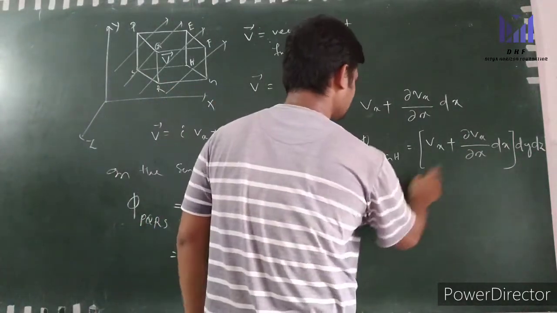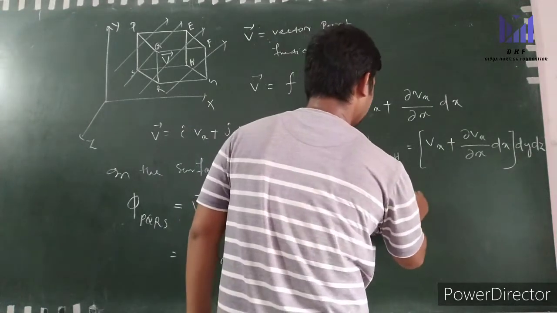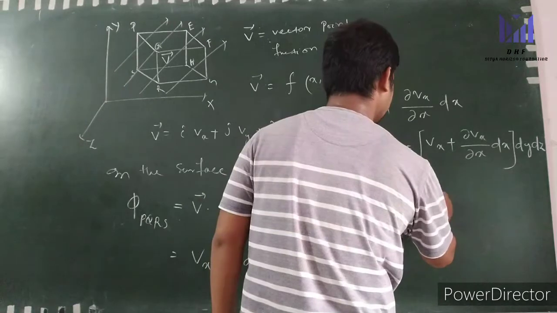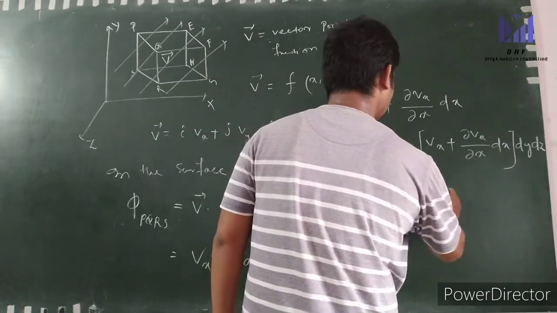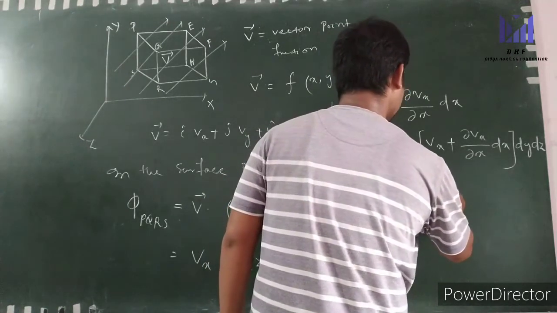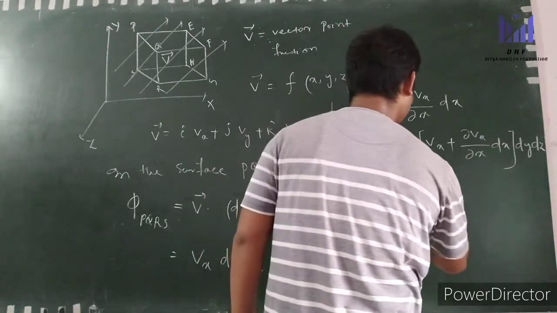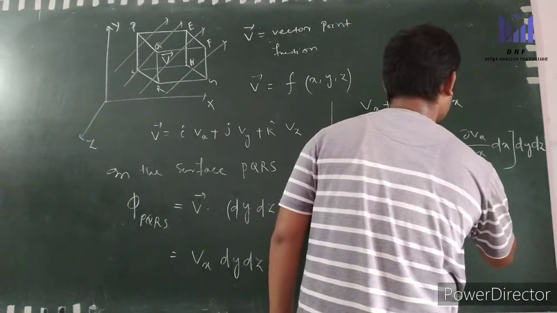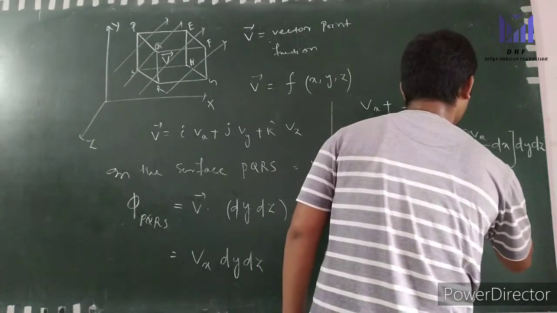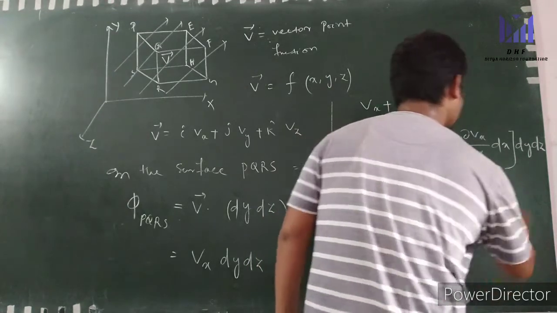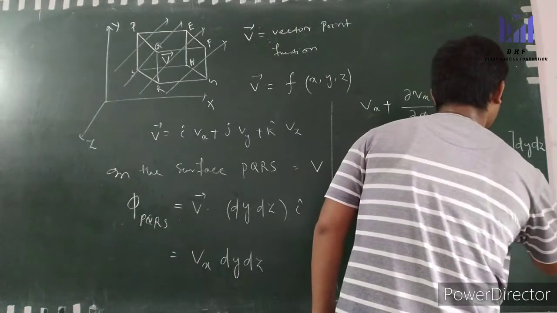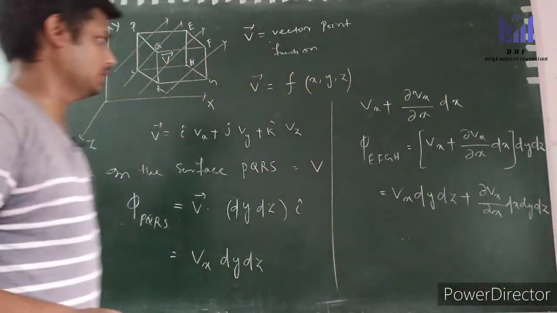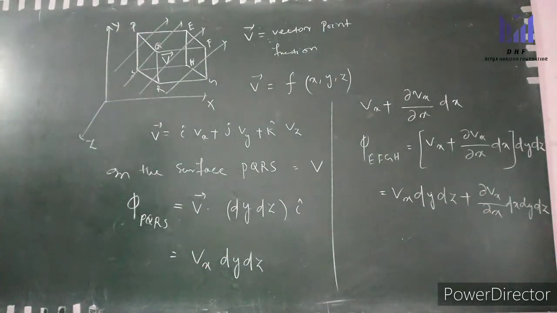If we multiply, we get Vx dy dz plus del Vx by del x dx dy dz.